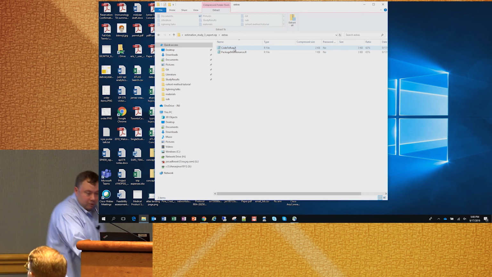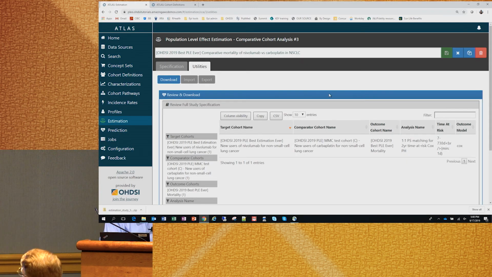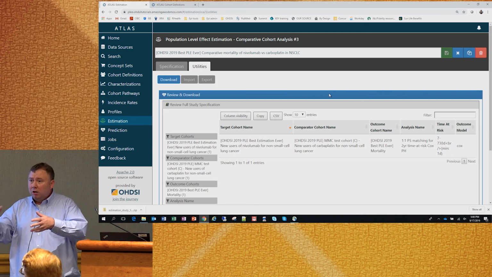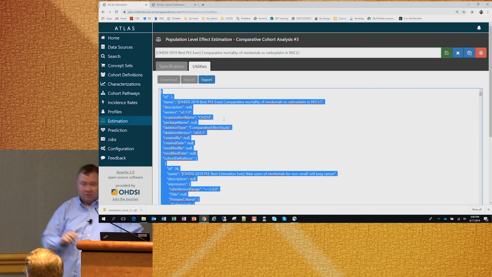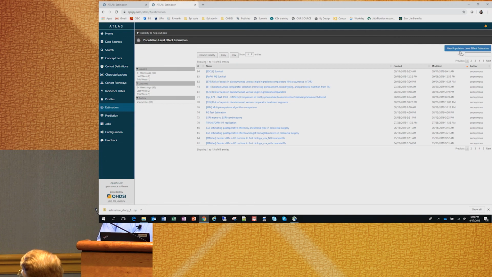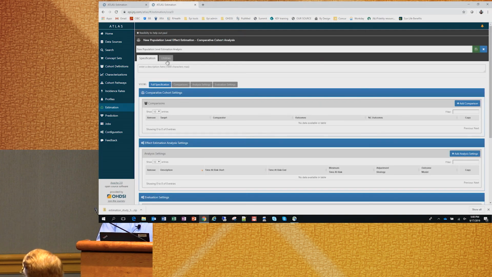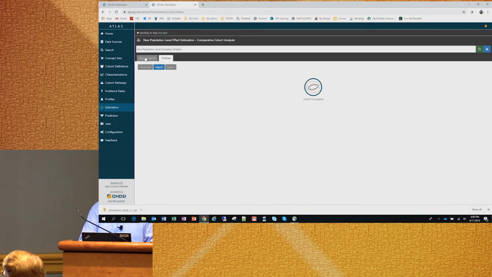Yeah, great question, actually. And let me show that. I skipped over that, so I should have shown that. So that's right. Not only could I send someone a zip file so that they could run it in R to actually execute it, but in fact, just like I moved cohort definitions, I actually can take the JSON expression of this design, and I could just copy and paste this and say, hey, here's my design. What do you think about it? And I could go into my J&J instance, a different Atlas instance, and I could actually just import that entire design.